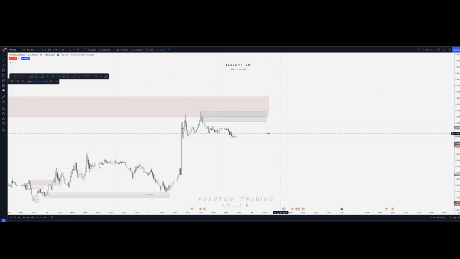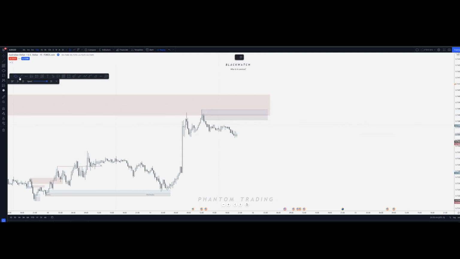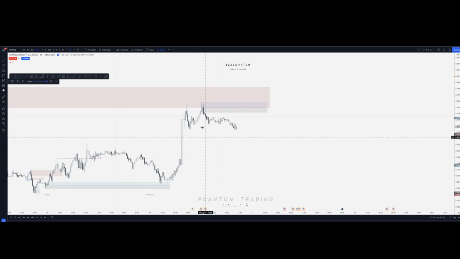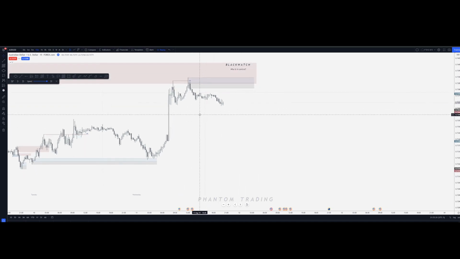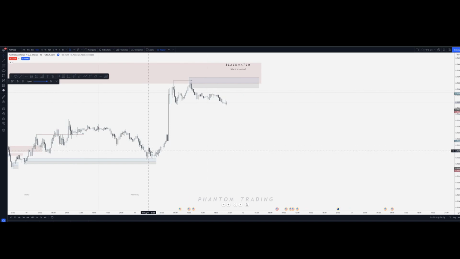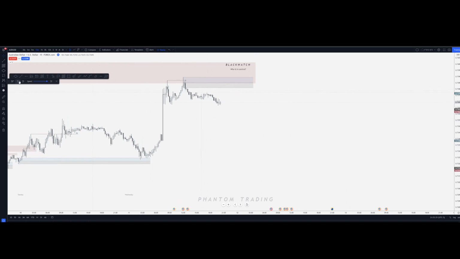Bigger wick, right? Hasn't quite been mitigated yet. This takes out this high here, so it's a valid sweep. We have now CHoCH to the downside based on this low here. And then I wish I didn't go too fast through this. There's a nice CHoCH right there. That's good. Let's see what else we get.